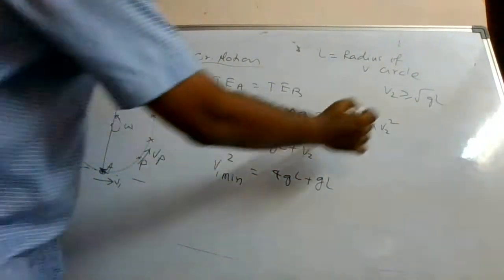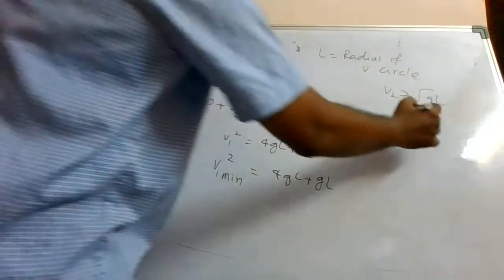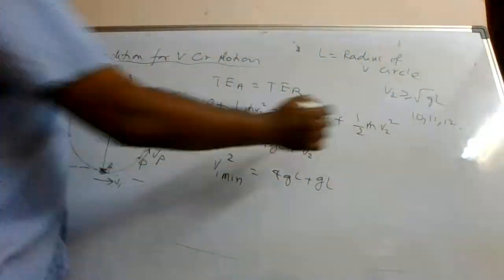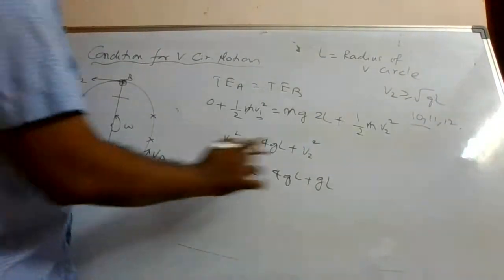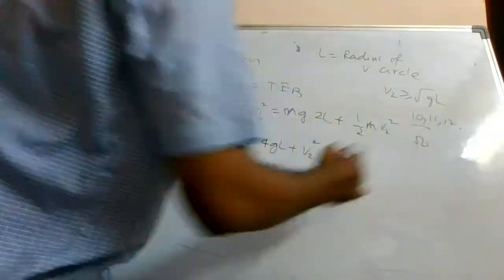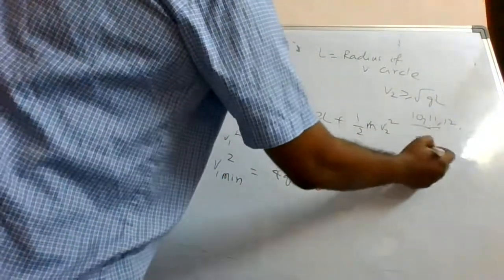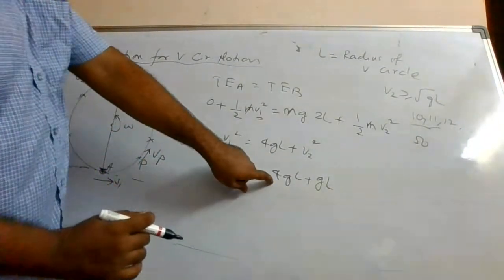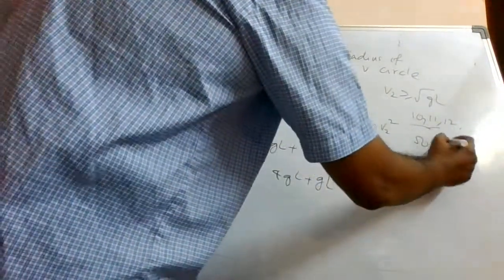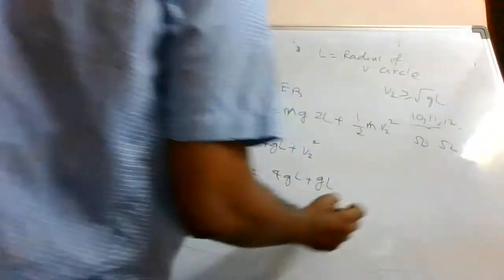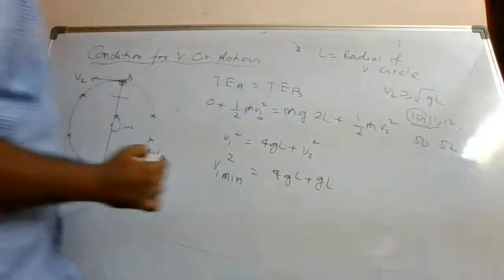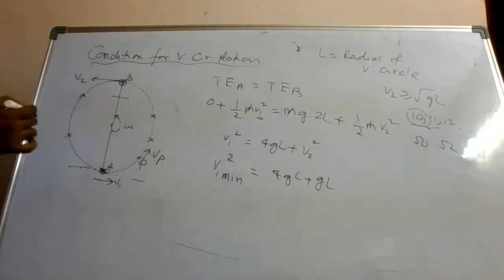See v2, if you take the previous example, I told you that 10, 11, 12, anything it can have. Alright. So when it is 10, it will get some value. Let us say V1 value is 50. Okay. When you put 11, obviously V1 value, you need to add 4GL value to it. So V1 will become, let us say 52, 54. So when you put the minimum value of V2, you get the minimum value of V1. Right?